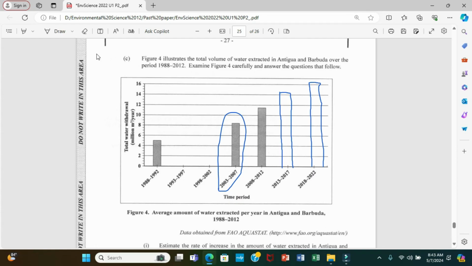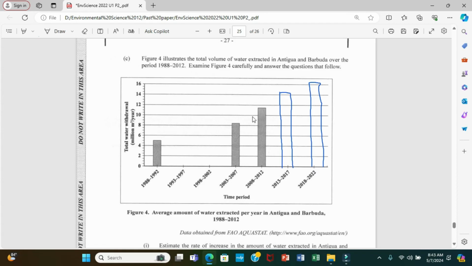Now, let's follow the trend. Basically, it's a trend and it's going up, right? So in 2003 to 2007, the amount of water extracted was 8.5. Now in 2008 to 2012, it was 11.5 right here, right? So 11.5 minus 8.5 is 3.